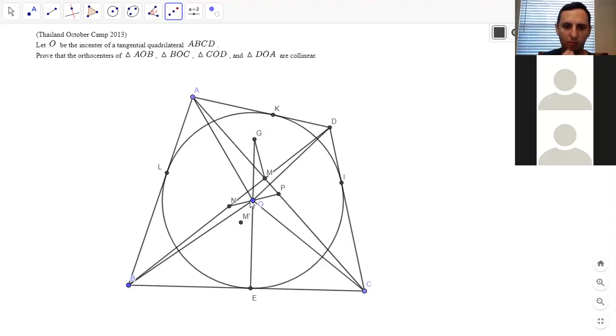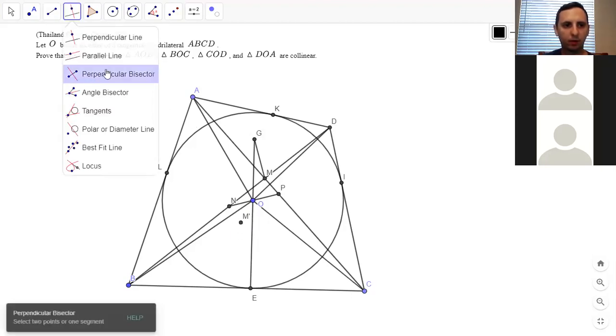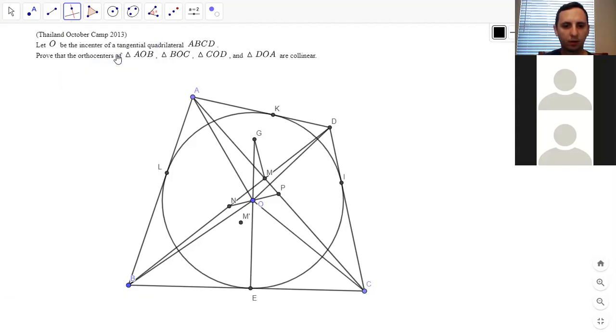Let me try something here. Isn't there some property of M prime?